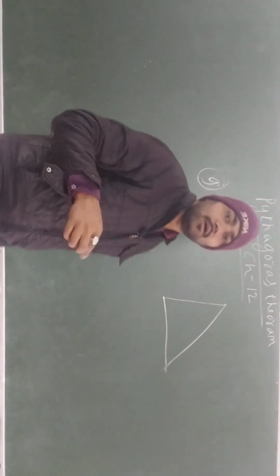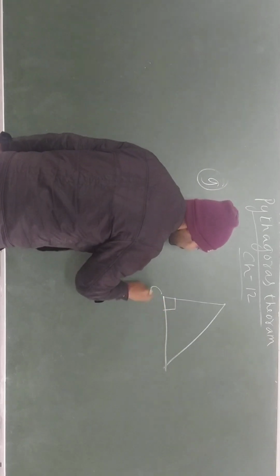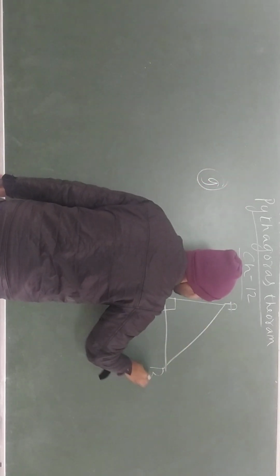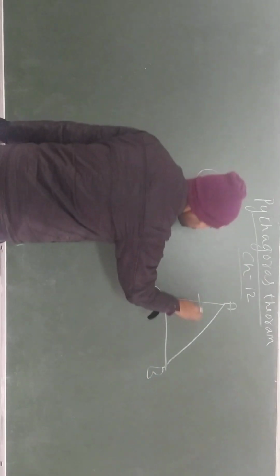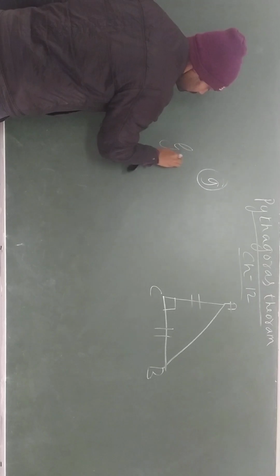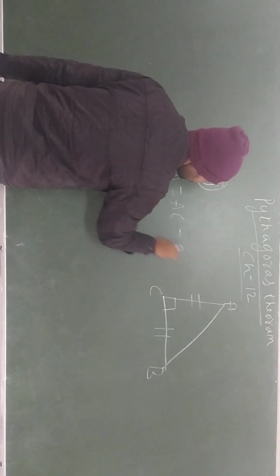The thing which I had not read is that it is right angle at C. So we are just doing the correct thing. It is right angle at C. So this will be C, and this will be A and B. Now these two sides will be equal. So given is AC equals to BC.